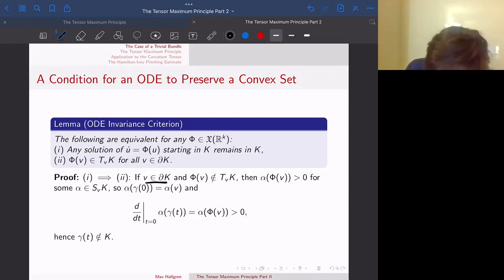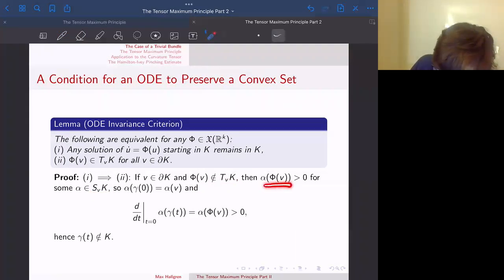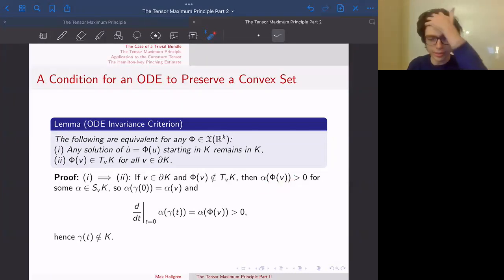If we have a point in the boundary of our convex set, we're proving the contrapositive: if we have our vector field not pointing inside of the tangent cone at this point in the boundary, then by definition of the tangent cone, there's going to be some support function alpha at V such that alpha of our vector field at V is actually positive. That's just a reformulation of saying that the vector phi of V is pointing out of the tangent cone at that point.